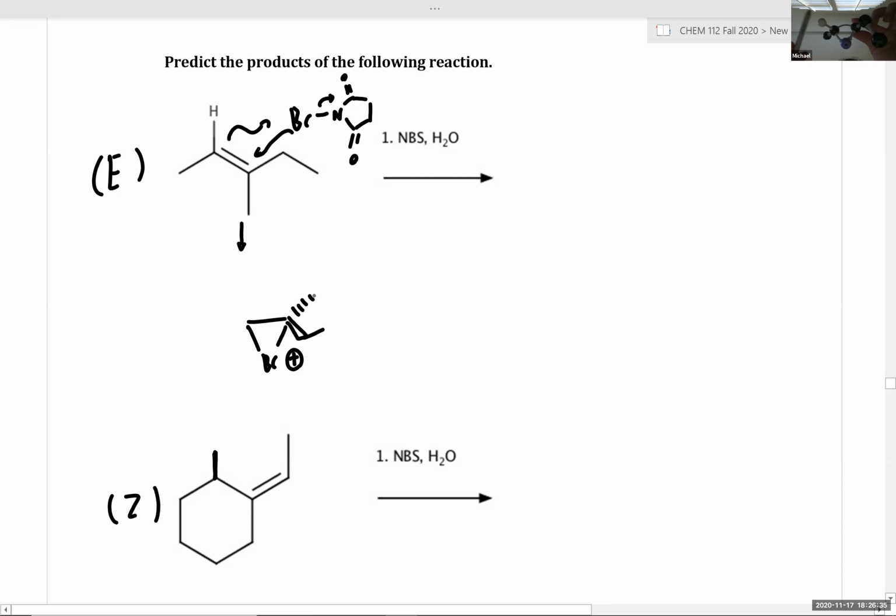Likewise, is this hydrogen pointing towards or away from us? Towards. Yep. So we're going to draw the hydrogen with a wedge, and the methyl group with a dash. Let me just check that everything's on the right face.